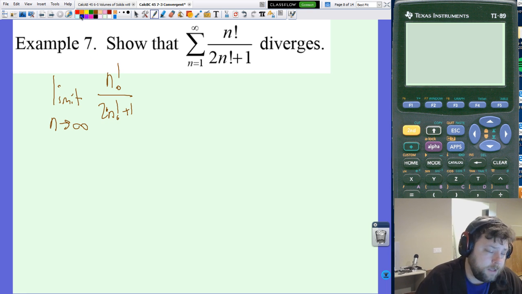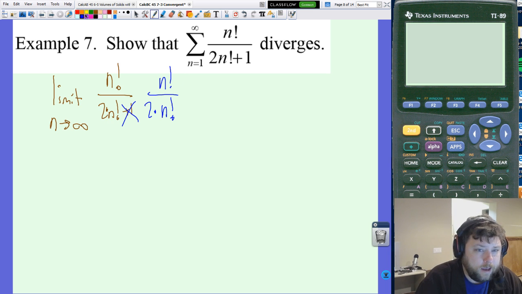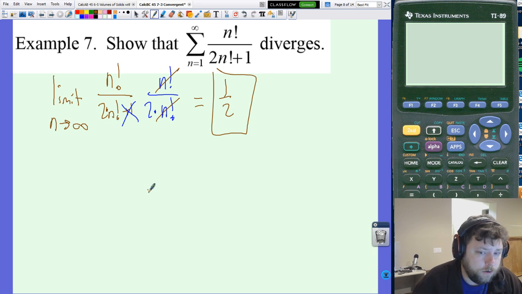Let's just look at this logically. As you grow up to a really big number, this plus 1 just doesn't matter because n factorial grows really fast. So basically I have n factorial over 2 times n factorial. The n factorials cancel, so I'm just left with 1/2. So the limit is 1/2, which is not 0, so it diverges.